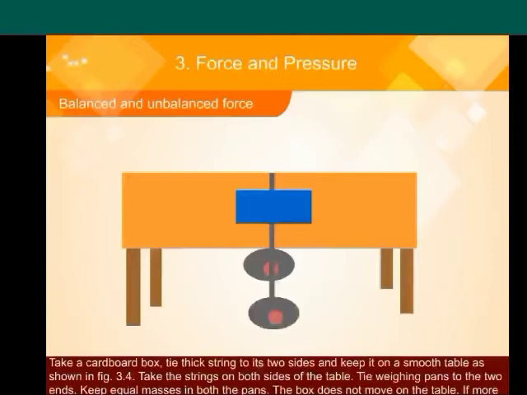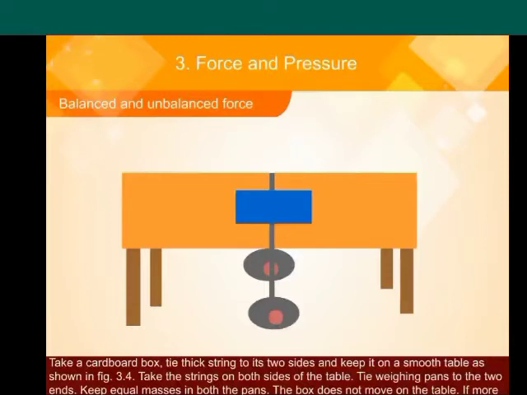Balanced and unbalanced forces. Take a cardboard box, tie thick string to its two sides and keep it on a smooth table, as shown in figure 3.4. Take a string on both sides of the table.